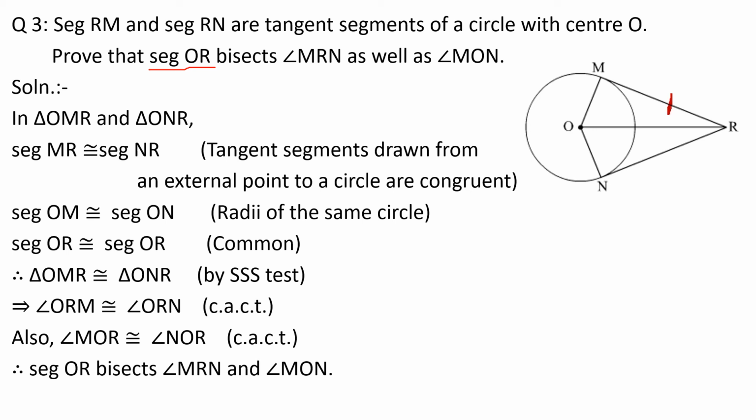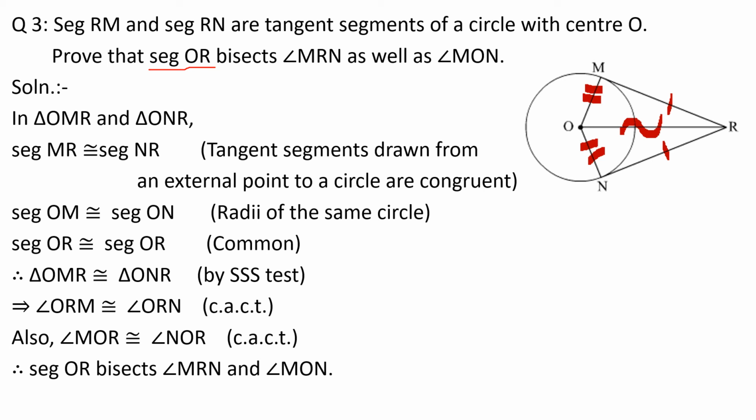Now OM is congruent to ON, radii of the same circle. OR is congruent to OR, common side.